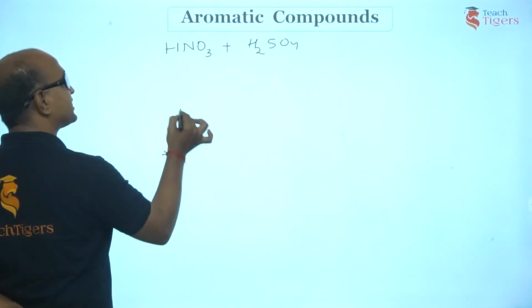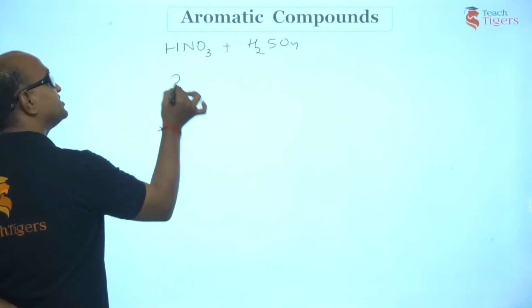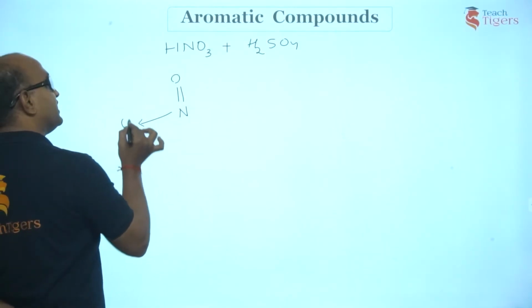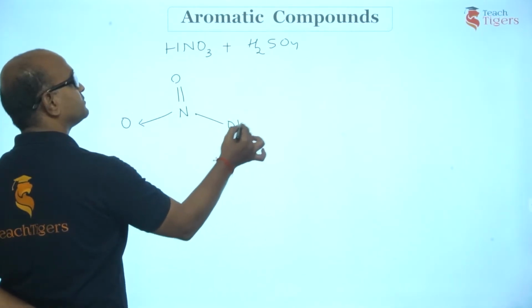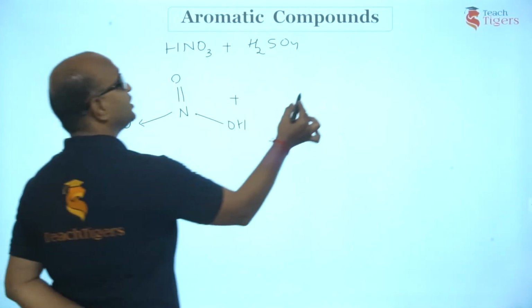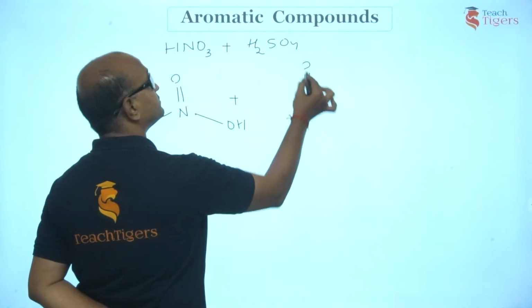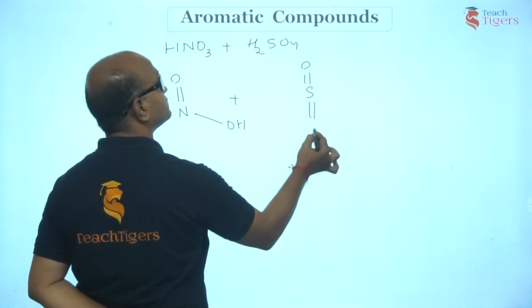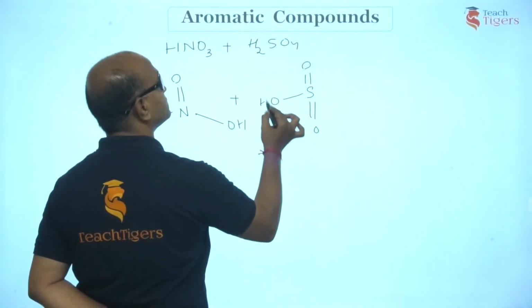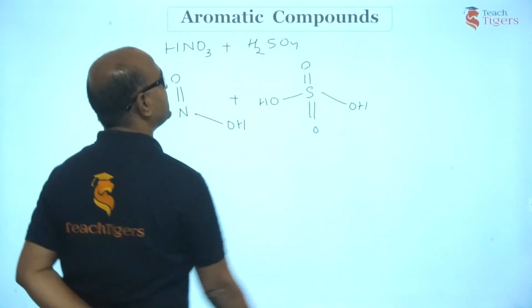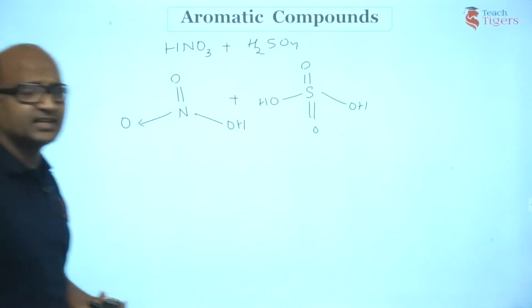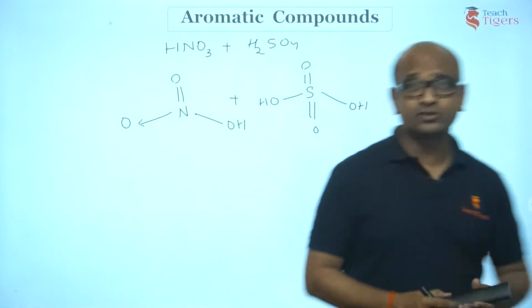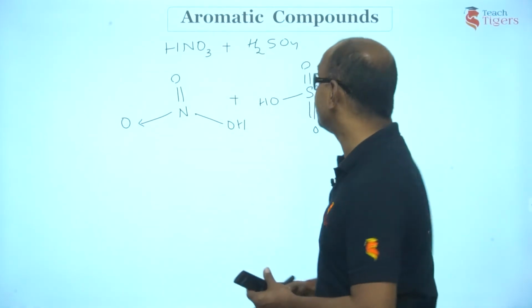Let's see what the structure of nitric acid is. This is the structure of nitric acid. Plus, you have this. Now you tell me, between H2SO4, sulfuric acid, and HNO3, which is the strongest acid?